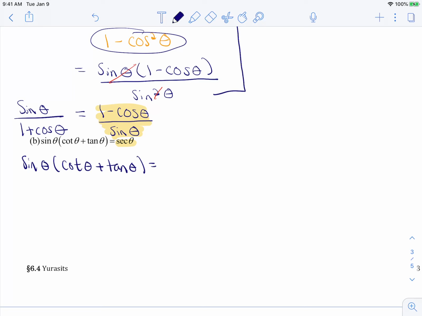So one thing I think to do is to rewrite cotangent and tangent in terms of sine and cosine. So cotangent's definition is cosine over sine, and tangent's definition is sine over cosine.